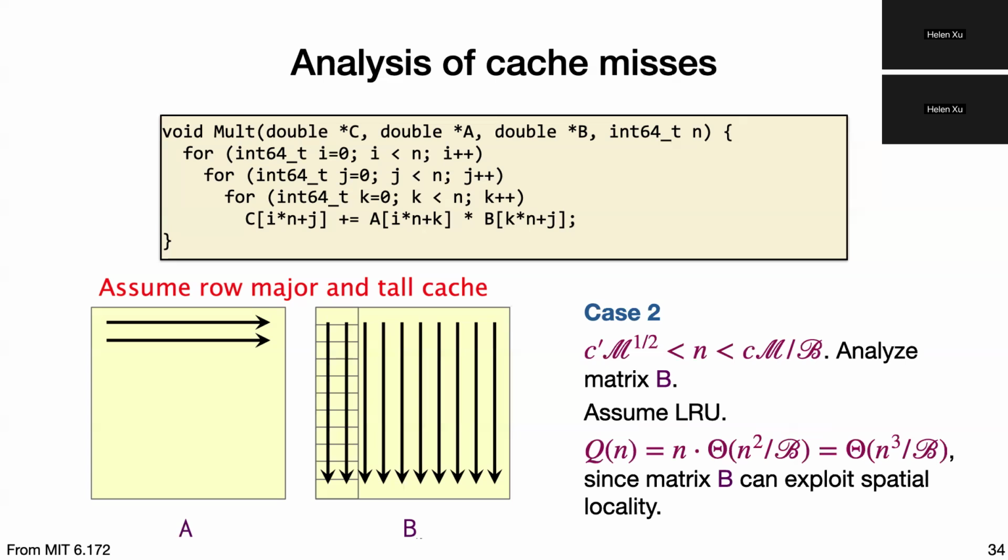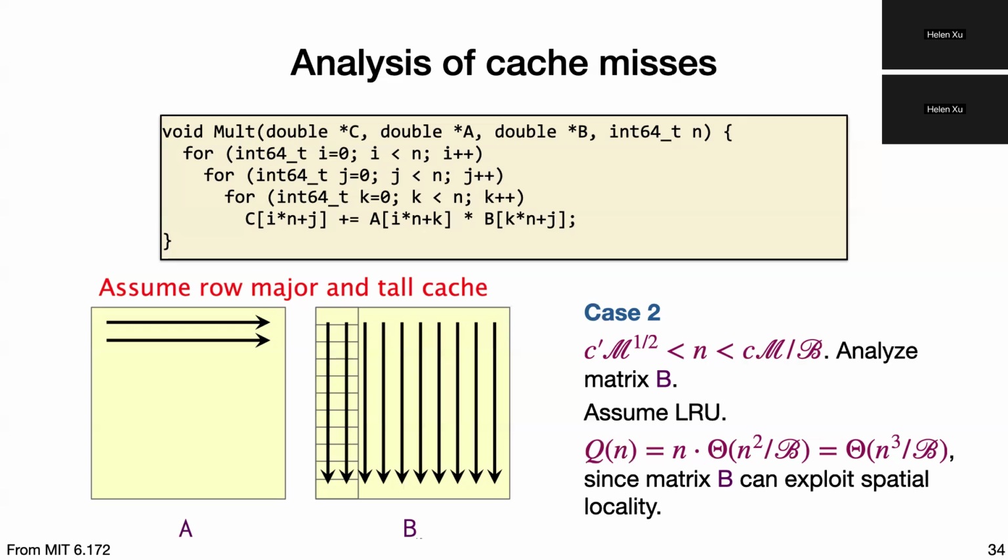And in this case, Q of n is n cubed over B. Now there's a factor of B in the bottom. The reason is that the entire matrix is still too big to fit in the cache. The matrix is actually size n squared, which would be greater than M, the number of bytes you have.